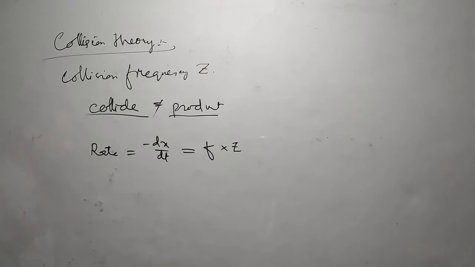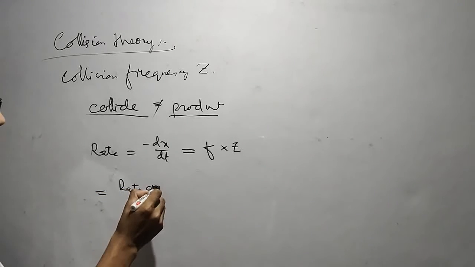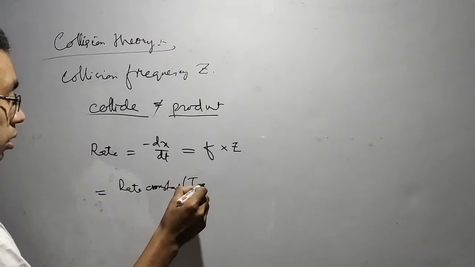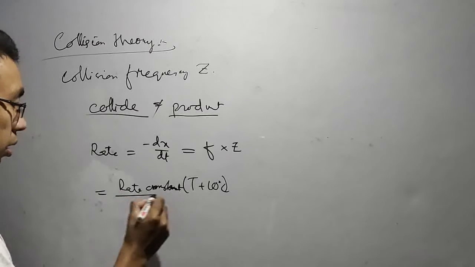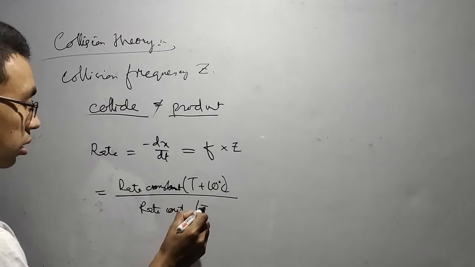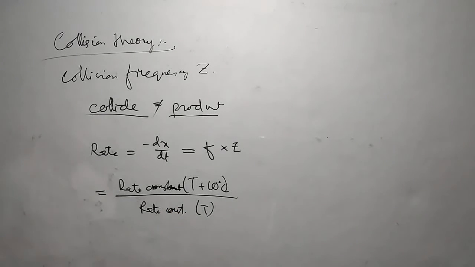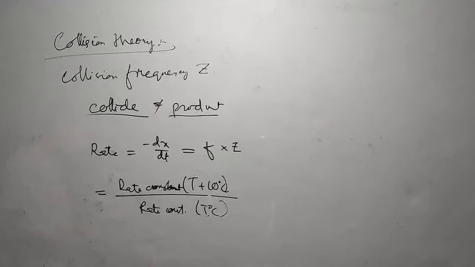Therefore we can write: temperature coefficient is equal to the rate constant at T plus 10 degrees Celsius divided by the rate constant at T degrees Celsius. This is how we represent the temperature coefficient. Now, moving on to the next one.